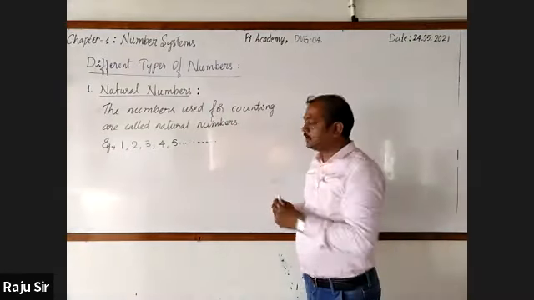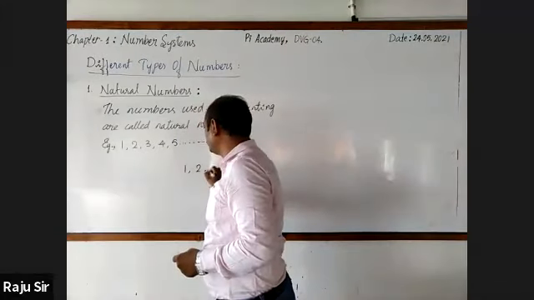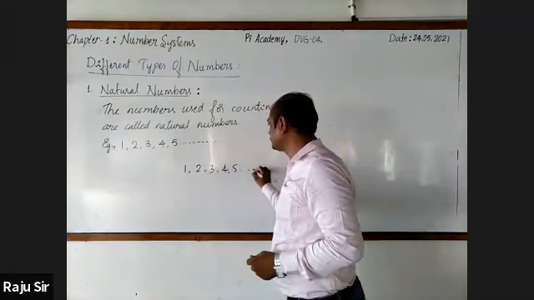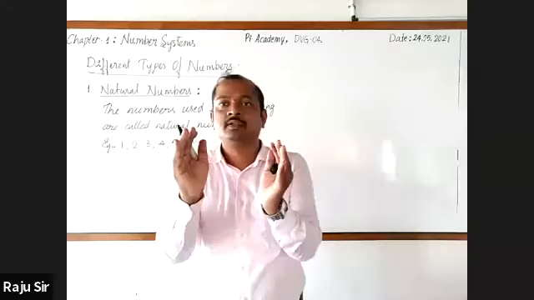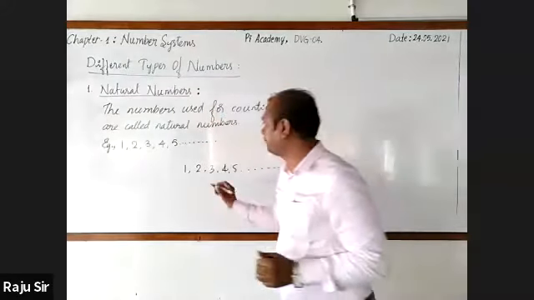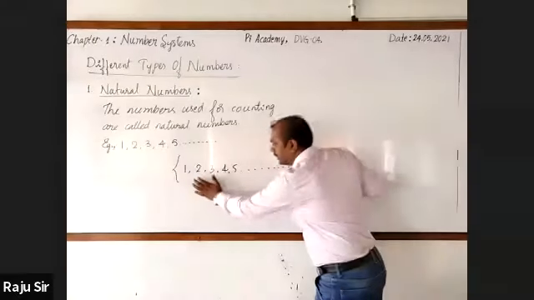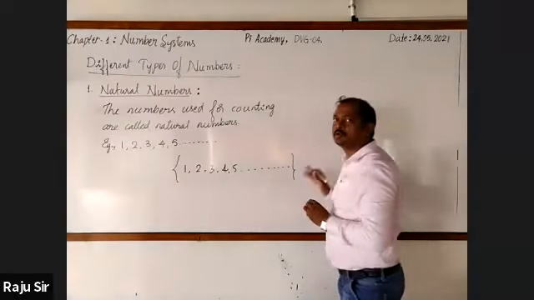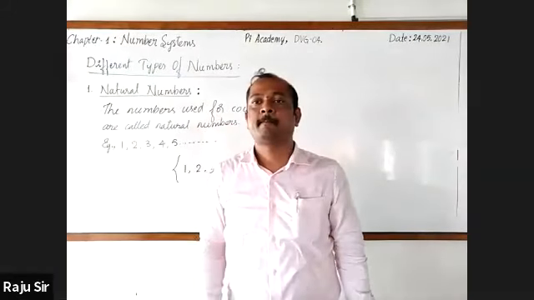Okay, listen. Here, I'll write the natural numbers: 1, 2, 3, 4, 5, 6, and so on. It is a group of natural numbers. I'm going to represent this group with a pair of brackets. These brackets are flower brackets. We got a collection of natural numbers. Could you tell what we call the collection of natural numbers? Don't write, just observe the word.